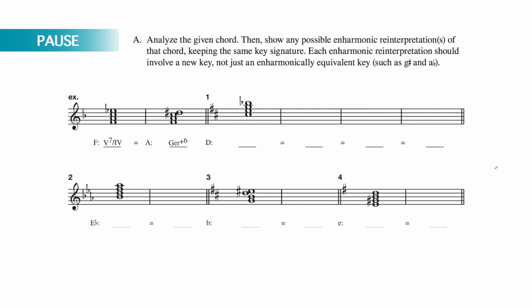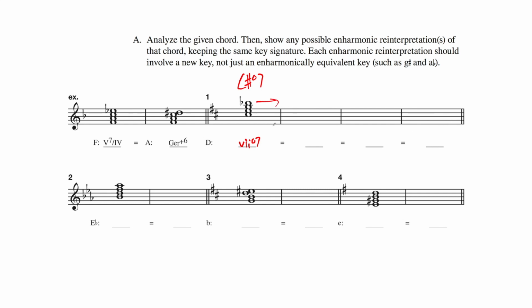You can write it down or you can do it in your head, as you wish. So let's analyze this chord first. This is a C sharp diminished 7th. In D major, it is vii°7 of V. We have three possible enharmonic reinterpretations.